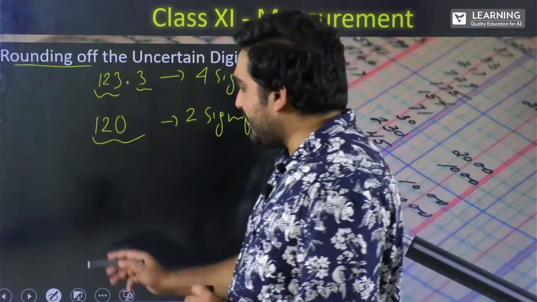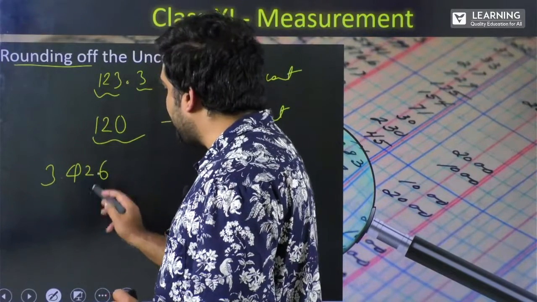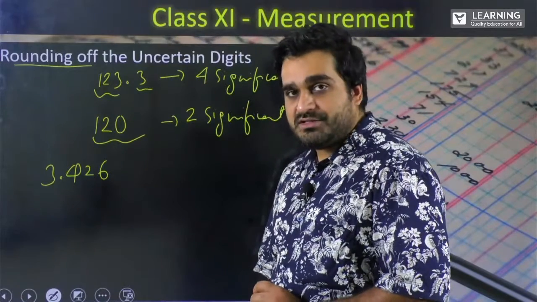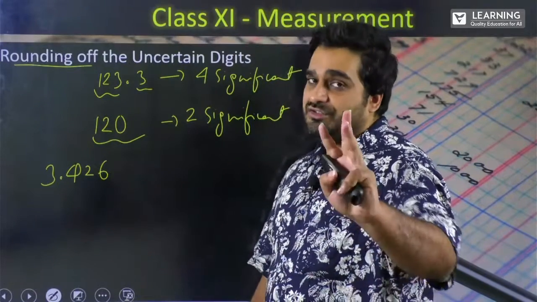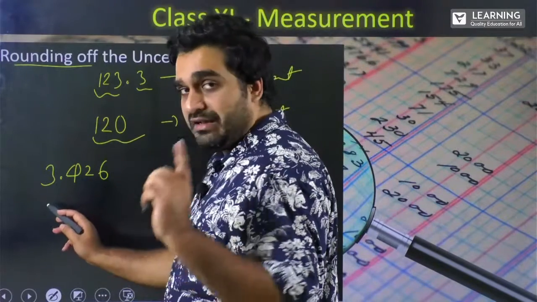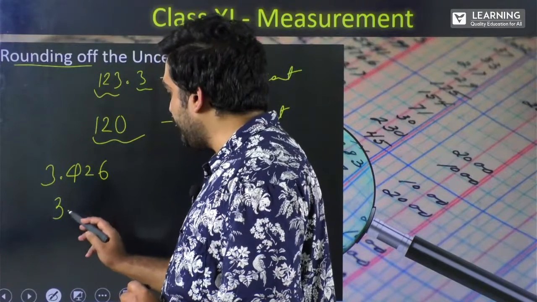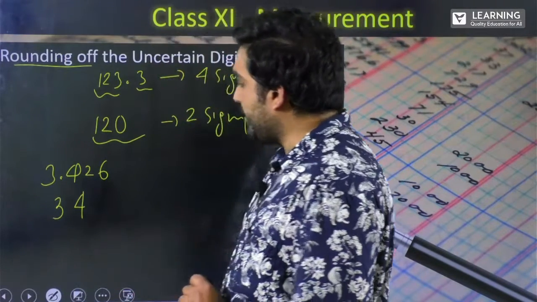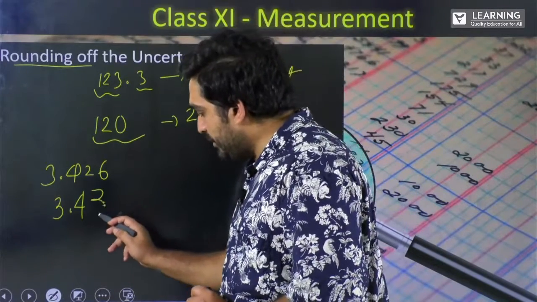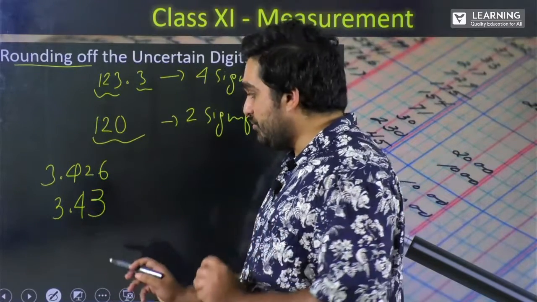Let's look into another example. 3.426. Total of 4 significant digits. Change this to three significant digits. To change it to 3 significant digits, now the rule is a little different. Have a look at it. 3.43. How did the number 2 change to 3? Now here's the rule.